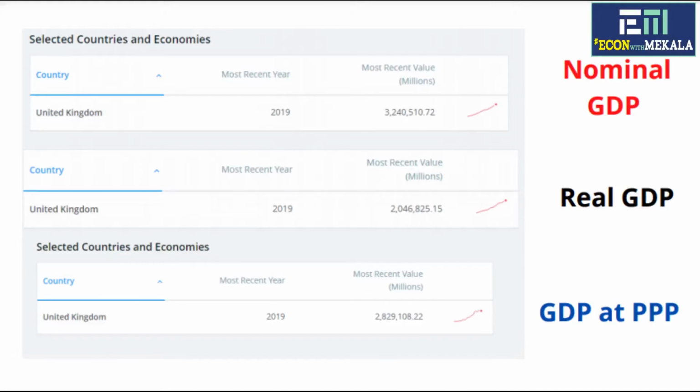Using quarterly nominal GDP data, we can find out how well the economy is performing throughout the year. If you want to compare GDP of the country against previous years, you can use real GDP statistics. But if you want to compare economic performance of the country among other countries in the world, the most accurate measurement would be GDP at purchasing power parity.